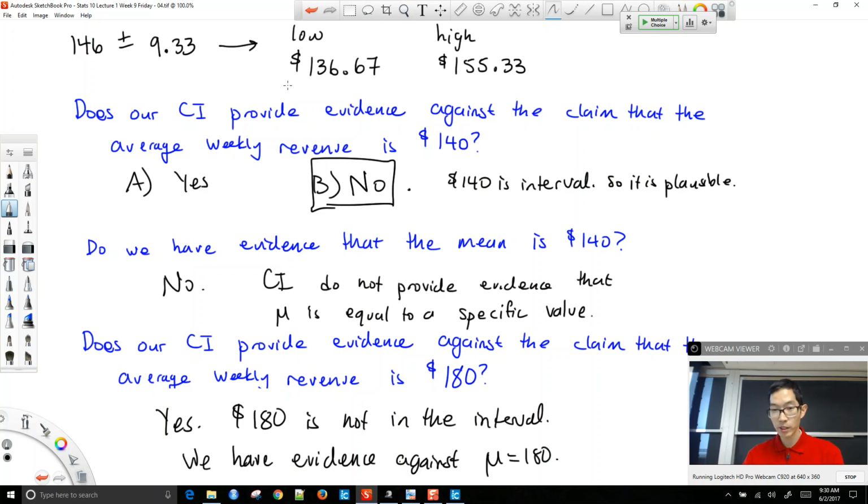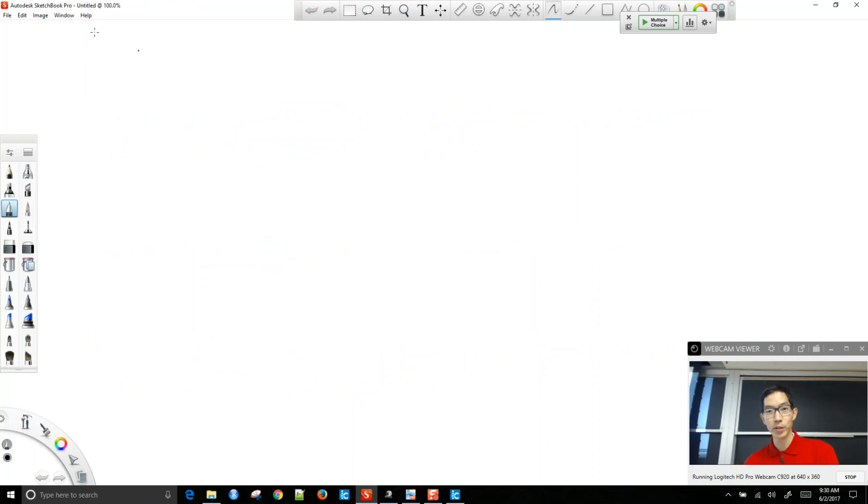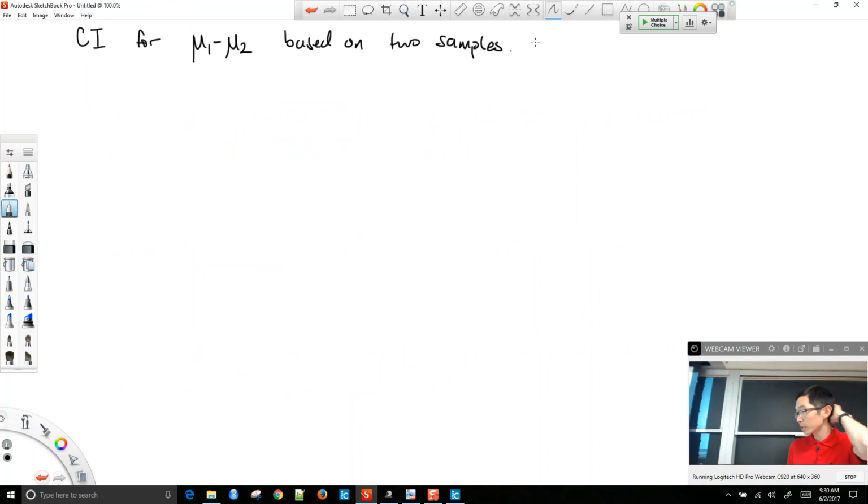Okay, so we'll take a look at confidence intervals for means with two samples. So this is a confidence interval for mu1 minus mu2 based on two samples. Okay. And here the idea is we are trying to create a confidence interval for the difference. Okay, so this is a little bit different.